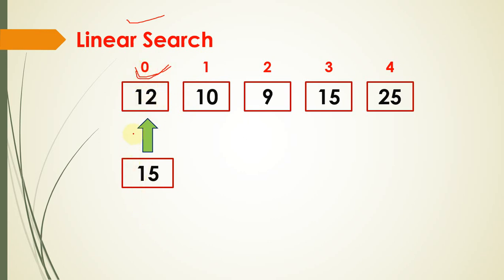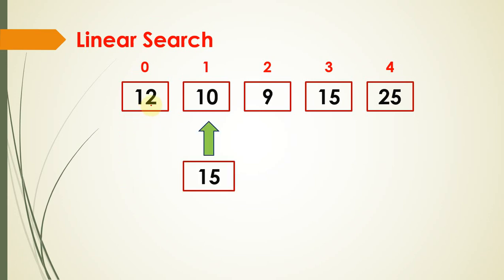So this 15 will be compared with 12. Is 15 equal to 12? No. Then it will shift right and go to the next element for comparison. Next, the search item will be compared with the second element.